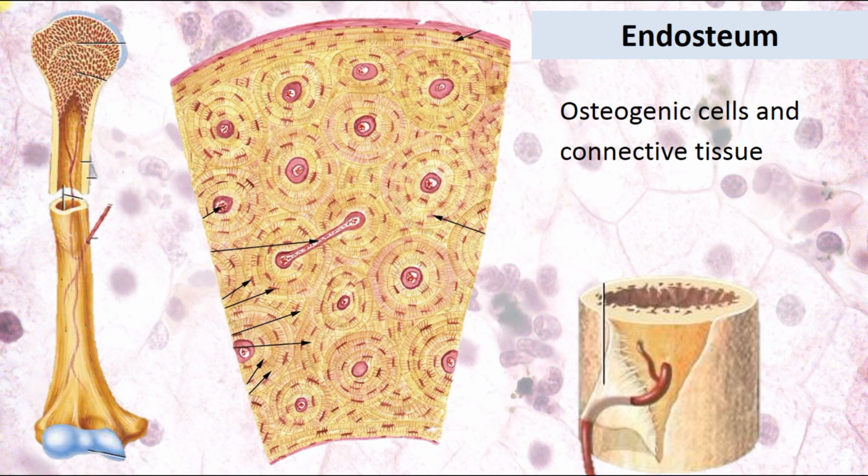So there are tightly located bone lining cells, including active and non-active osteoblasts, and some osteogenic cells, and all these cells are covered with thin layer of connective tissue. It's called endosteum, special layer which lines all cavities inside the bone.